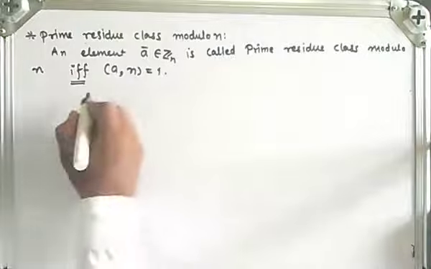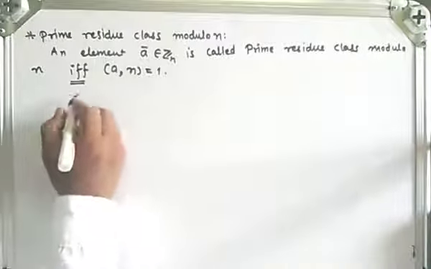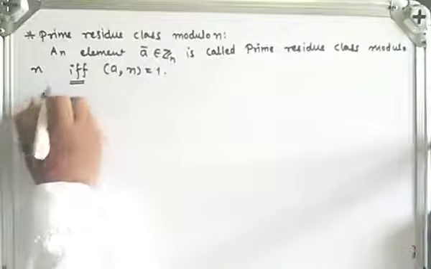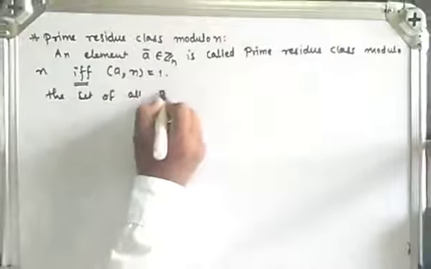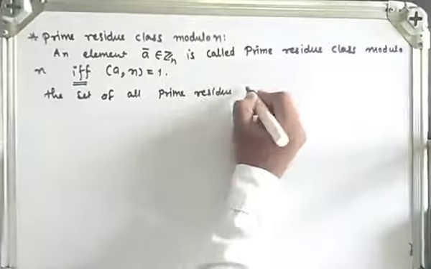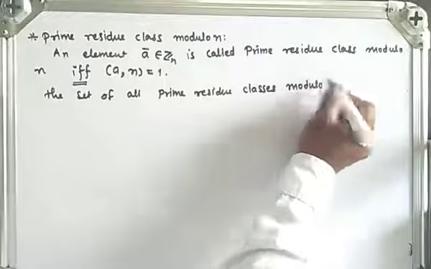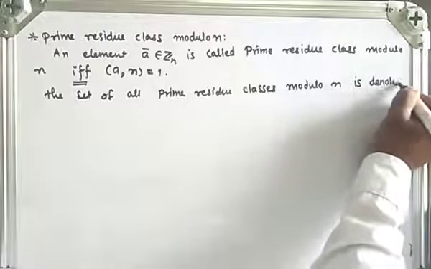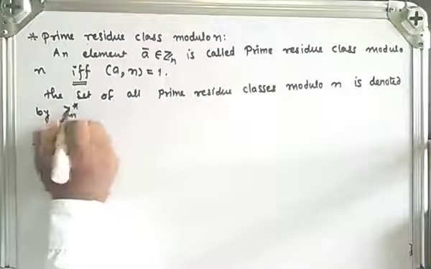Now for example, Zn star. The set of all prime residue classes modulo n is denoted by Zn star.